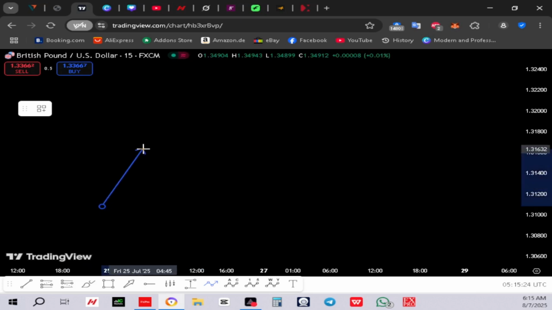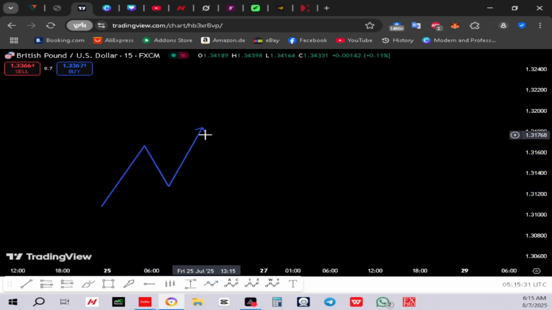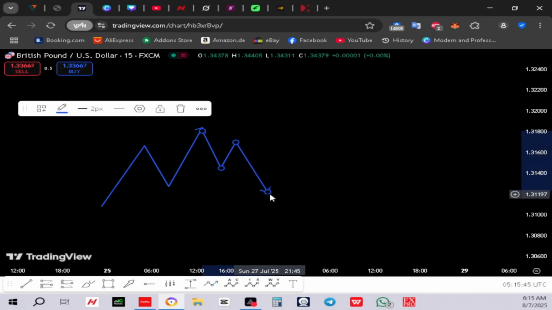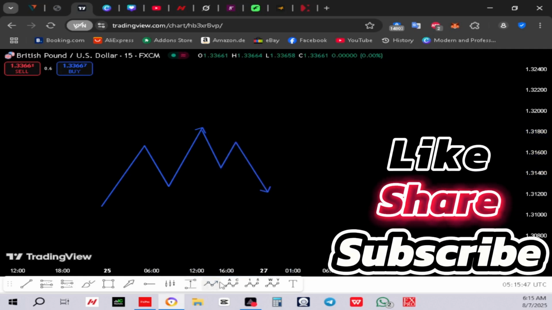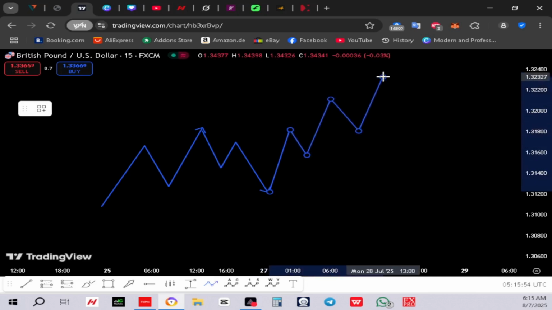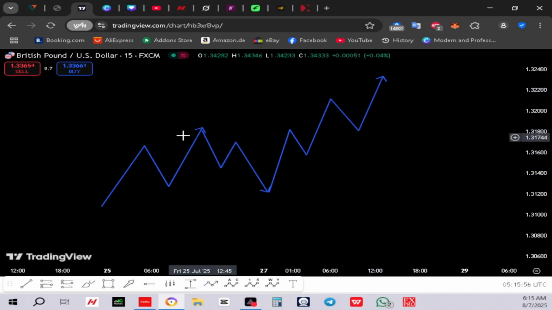So I'll be looking to have my simple uptrend first, followed by a simple downtrend structure. Then at this position right here, I can have another simple bullish trend structure, breaking up, going back. Is it clear?